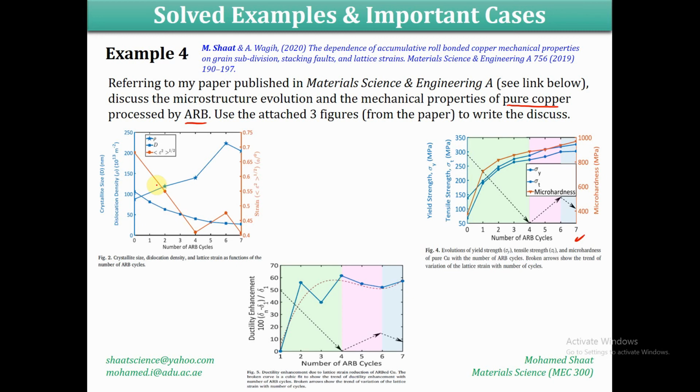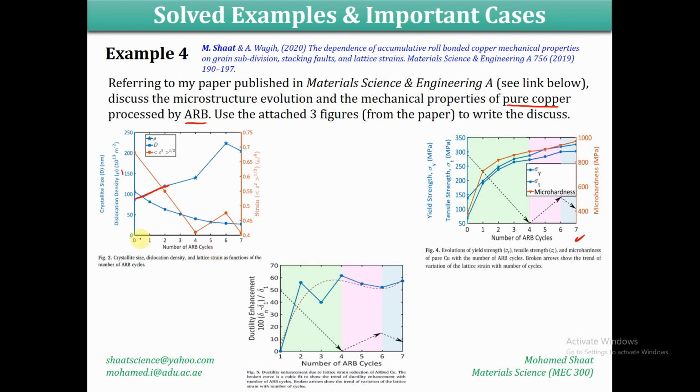So as you can see in this figure, this rho indicates the dislocation density. And if you just track the curve for rho, which is with a star, you're going to find that the dislocation density keeps on increasing versus the number of cycles of accumulative roll bonding.